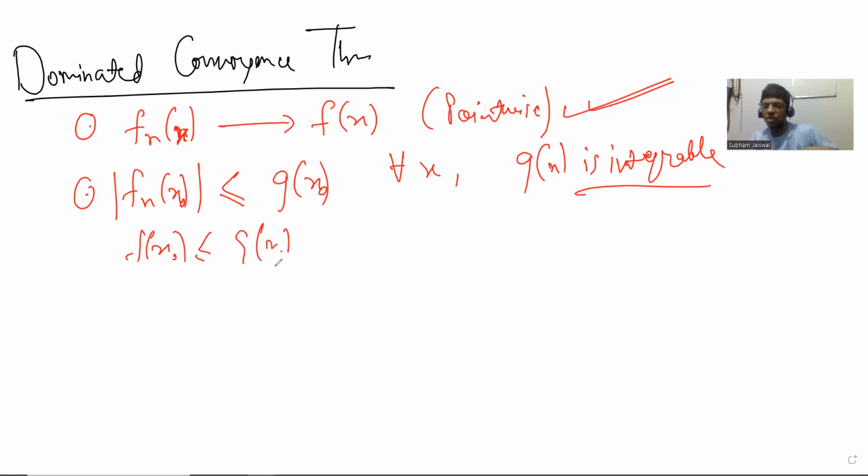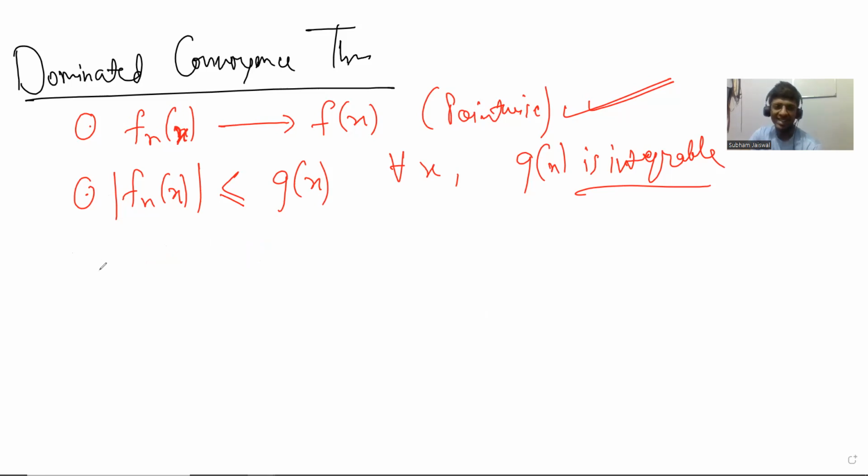This happens for all x naught, so it's true for f also. So that's why it's not usually written in the hypothesis. All right, so these things are not difficult. Sometimes you have to check it for every x, because when it's pointwise, earlier you did not have to check it for every x.